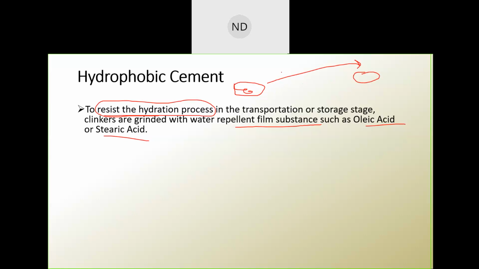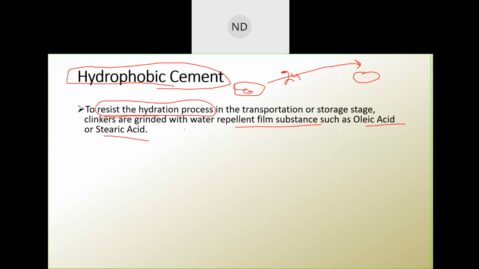It may take you, suppose, 24 hours, or maybe more than that, 2 days. So you want the hydration process to be slow, and at that time you can use this hydrophobic cement, which will slow down the hydration process. Once the hydration process is complete, your concrete will attain the desirable strength.